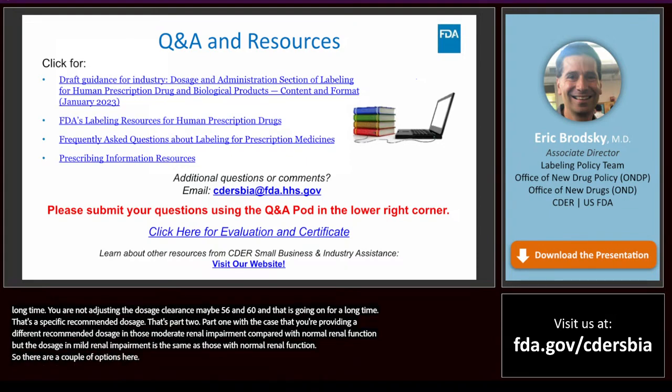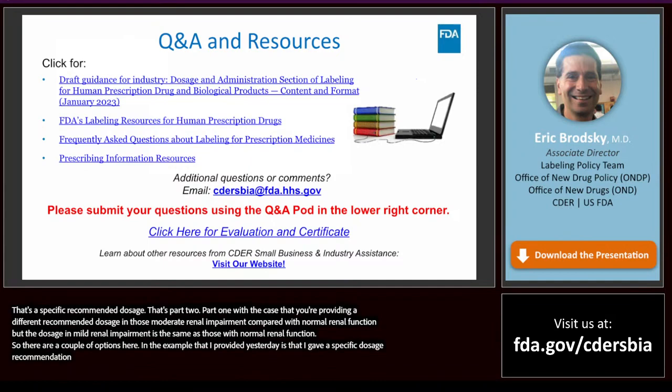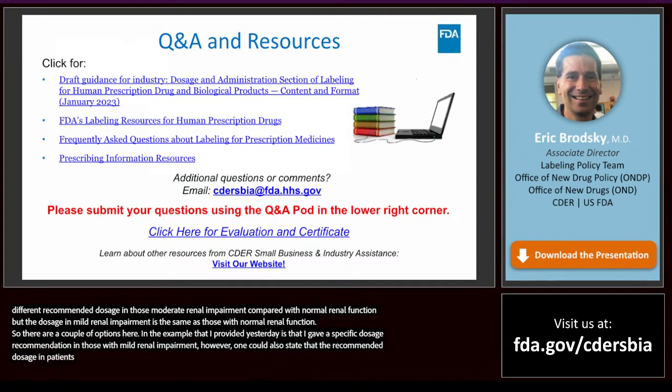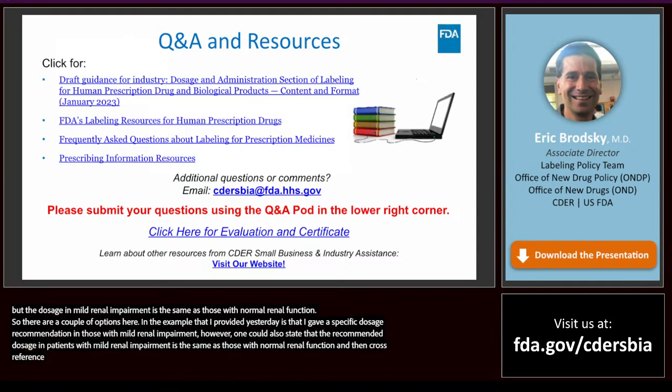In the example that I provided yesterday, I gave the specific dosage recommendation in those with mild renal impairment. However, one could also state that the recommended dosage in patients with mild renal impairment is the same as those with normal renal function, and then cross reference to the other part of the DNA section of labeling that includes the recommended dosage in patients with normal renal function.